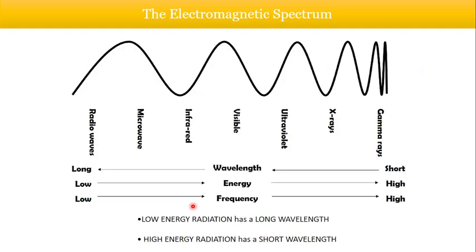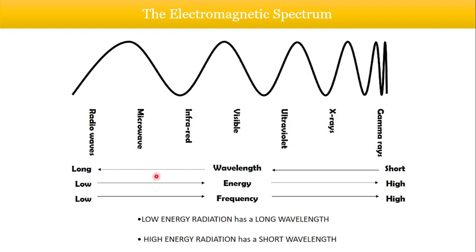Now speaking of the electromagnetic spectrum, these waves can be classified on the basis of wavelength, energy and frequency.